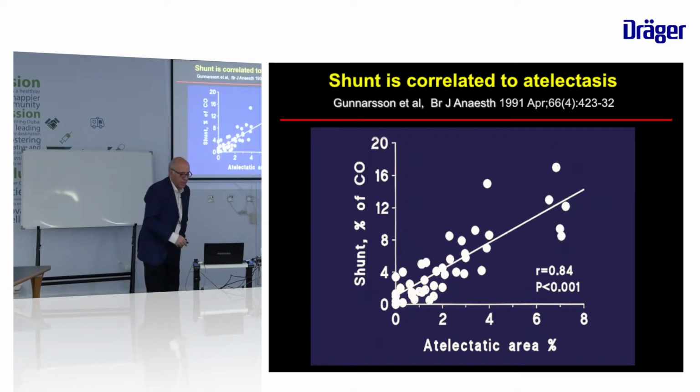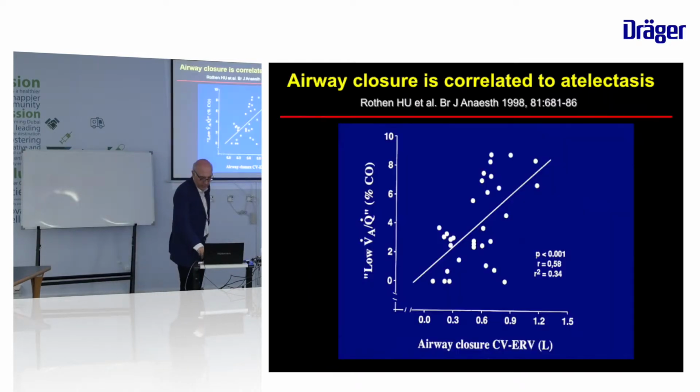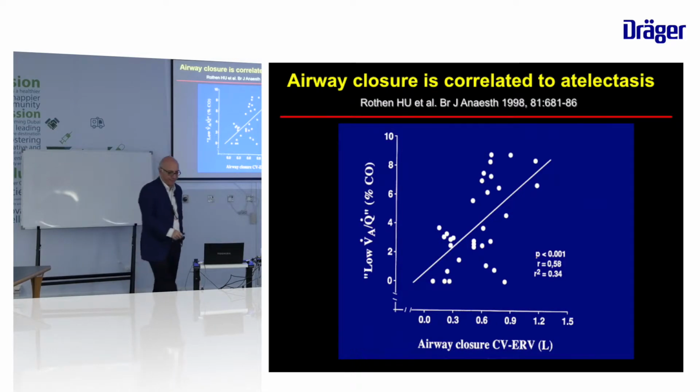What about gas exchange? As we discussed before, this is the correlation between atelectasis and shunt, which is a very good correlation, as I showed you before. This is the correlation between airway closure and the low VQ areas. You see that when closing volume is higher than the lung volume, you have an increase in the low VQ areas.